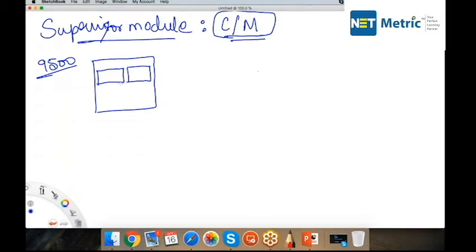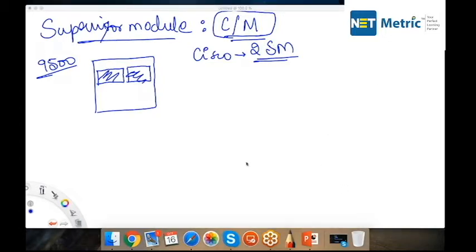I told you, if your planes, the control plane, data plane and management plane, are separated in terms of different modules that you can insert on the chassis, then it is called a modular chassis, a modular switch. So here you have the supervisor module, and this consists of functionalities with respect to both the control plane as well as the management plane.